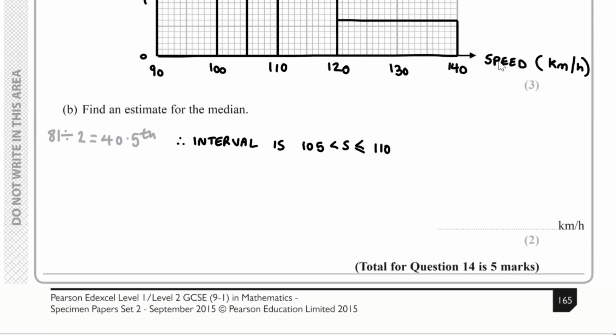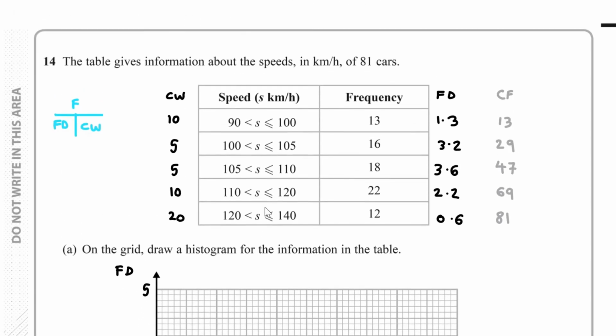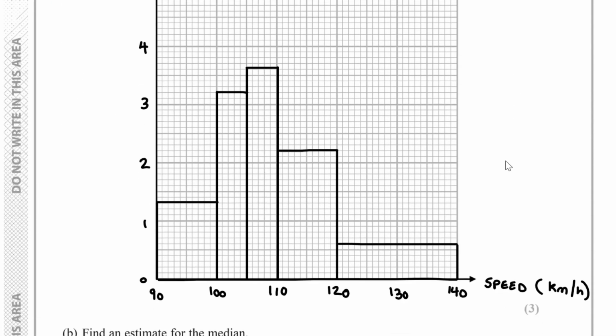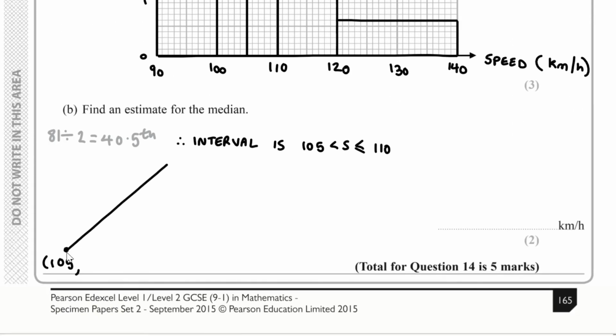Well, one way we can do this is to use the gradient method, which is the method I always use. So we draw a straight line, and the median is going to lie somewhere in here, in between 105 and 110. So what we do is add in 105 from here, and if we go back to the diagram here, you can see there's 29 with a speed of 105 or less.